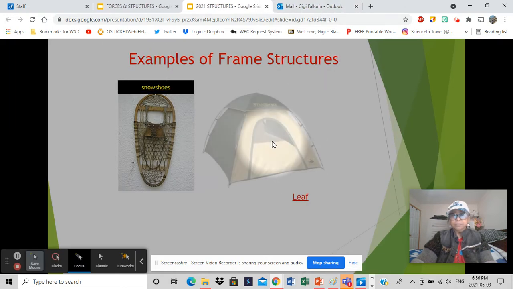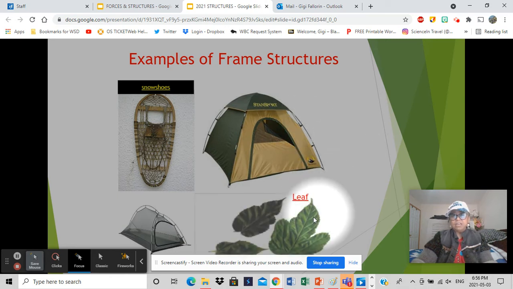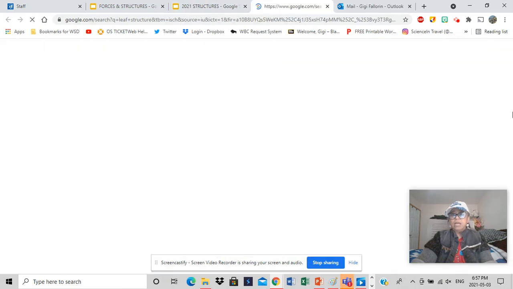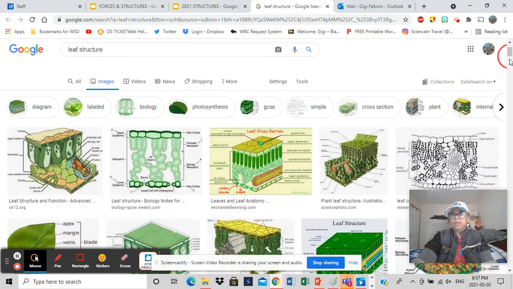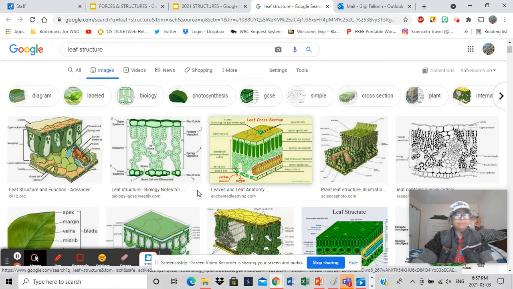Now, tents obviously are examples of frame structures, or even leaves or a leaf, for instance. In a leaf, or with any leaf for that matter, you get to see the midrib.